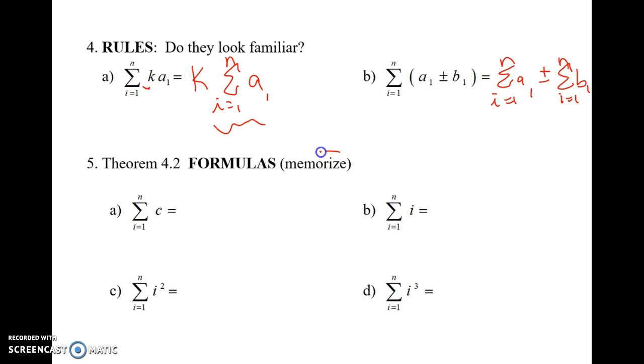These formulas you must memorize. In fact, expect a pop quiz on these formulas any day from now. The sum from 1 to n of a number c is just cn. The sum from 1 to n of I will be n times n plus 1 all divided by 2.